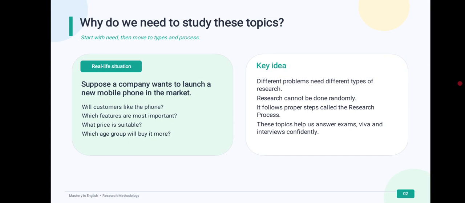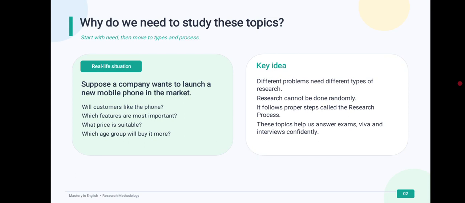So it's the responsibility of the marketer and the researcher, first of all, to understand the age group, which category of people they want to target for their product. In that case, first of all they want to understand the needs and wants of the customer.